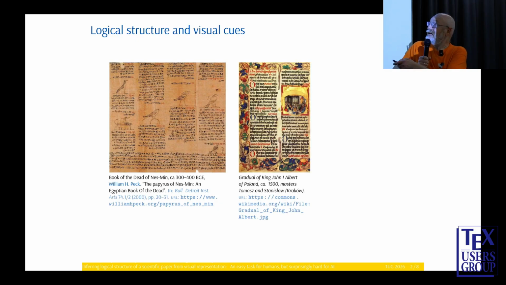Okay, next example. This is actually a book of Psalms. It's from about 1500. It's made in Krakow. It's a very beautiful book with a lot of multicolored things, with a lot of interesting beginnings. But again, if you look at this, you will say, okay, I probably can split it into parts. Each part starts with a big letter.